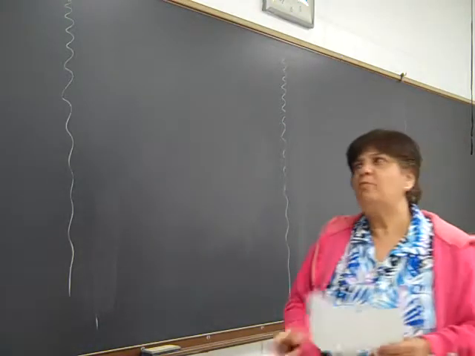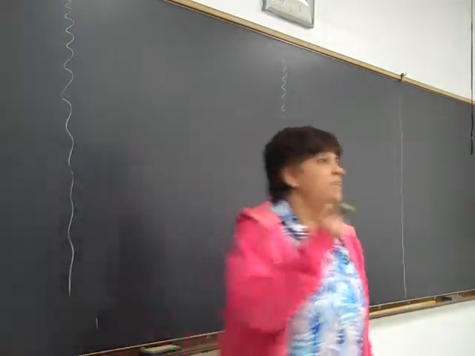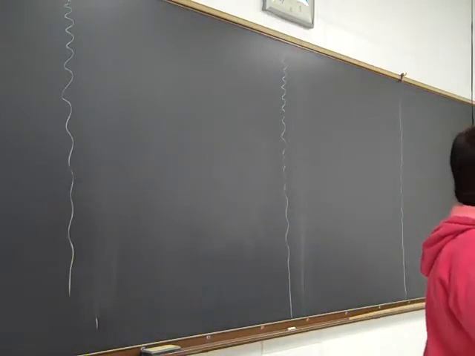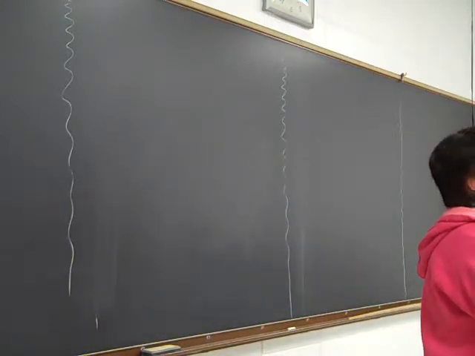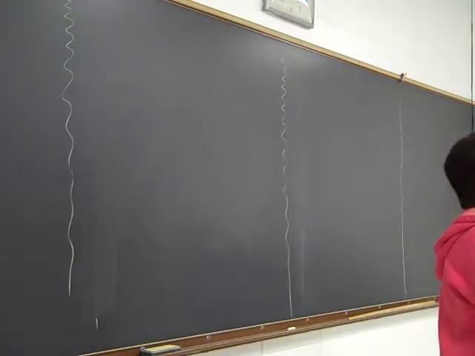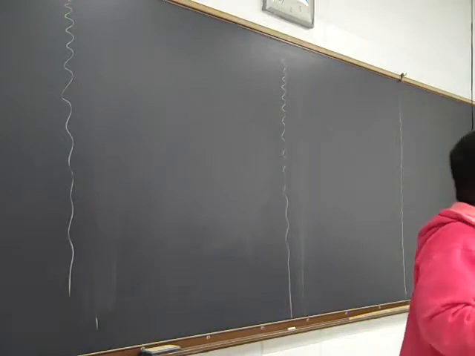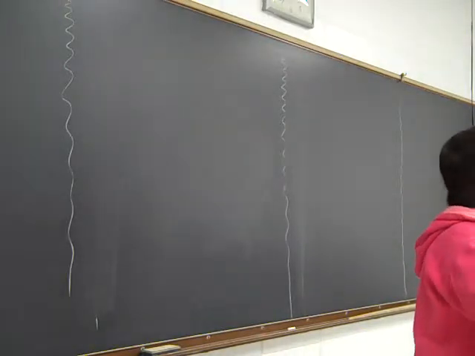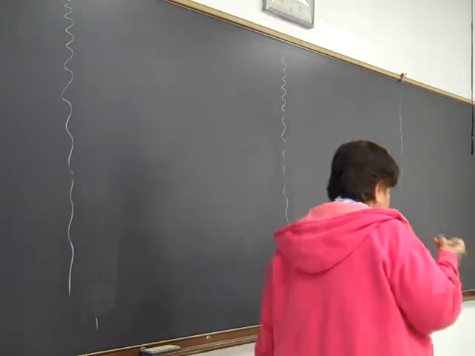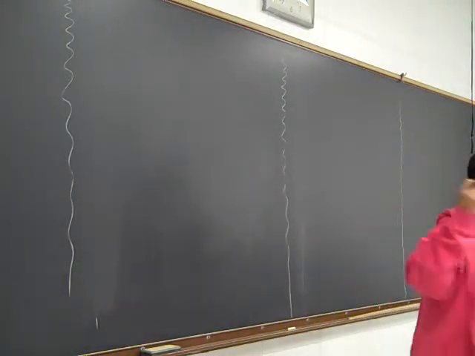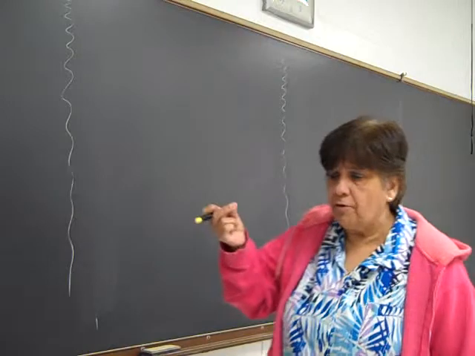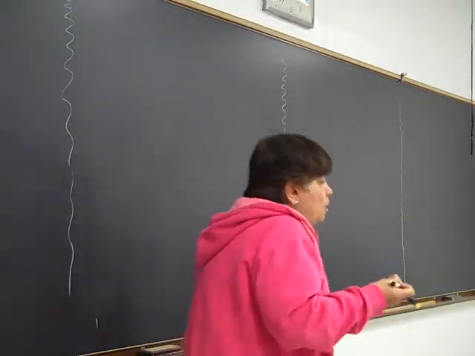The last part of the chapter is about how to calculate the minimum sample size in order to get a particular margin of error. We already know the confidence level, but we need to know the minimum sample size to get a particular margin of error. Why do we want to do that?